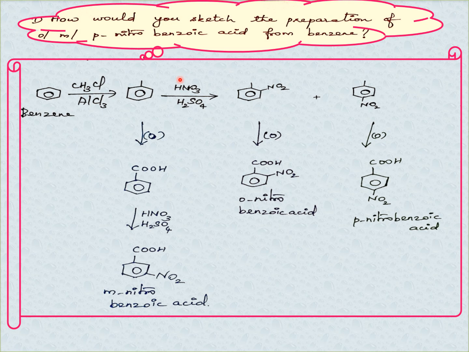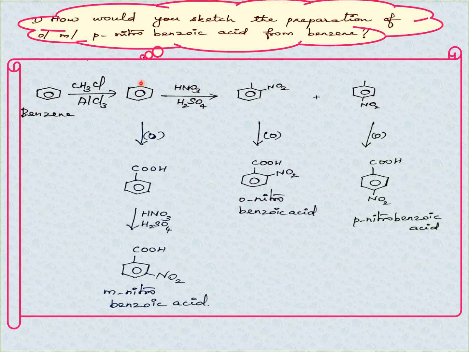Here, how can we prepare ortho-nitrobenzoic acid, meta-nitrobenzoic acid, and para-nitrobenzoic acid from benzene? So benzene should be alkylated first. We should prepare the benzoic acid derivative. For obtaining the benzoic acid, that is the acid functional group, there should be a side chain.